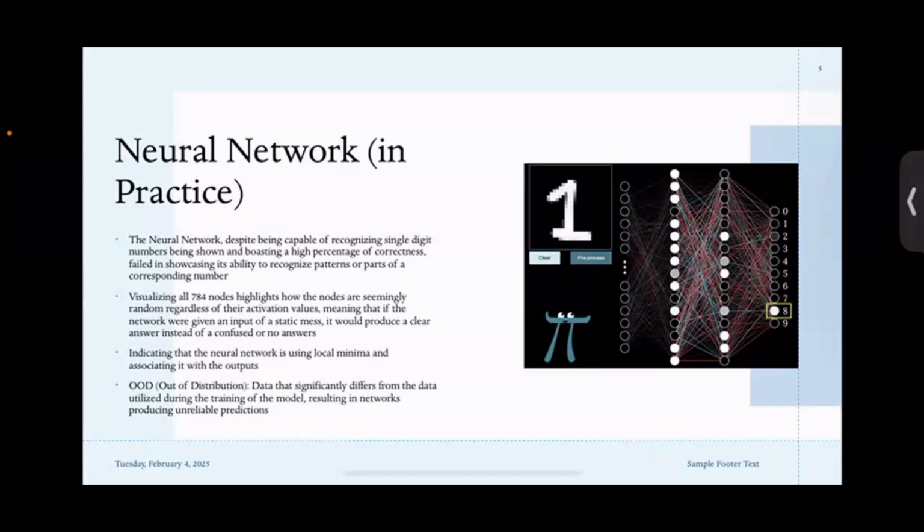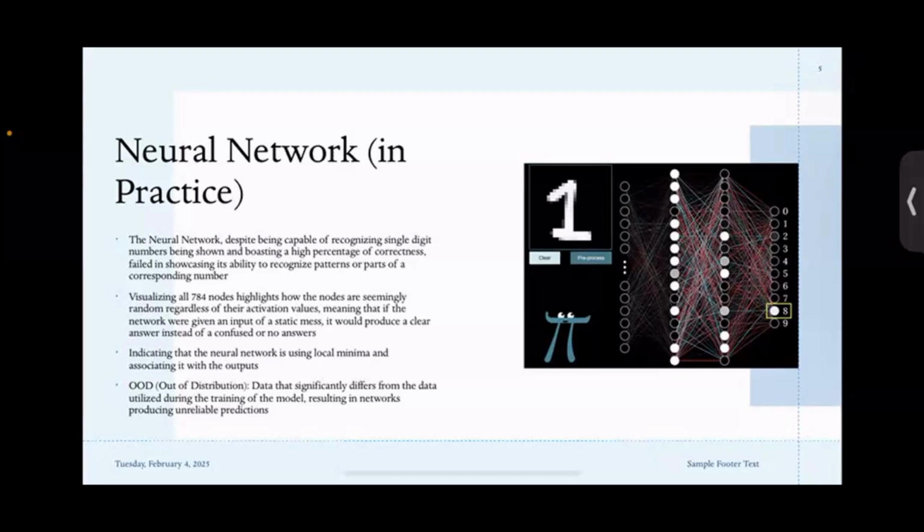I got this from the 3Blue1Brown website, where you can mess around with drawing the single digits, and then it'll give you the results. Now I drew a number 1, and to you and me, it's a number 1. But the neural network, because of those nodes and how it essentially correlated to specific outputs, is producing an 8, which is incorrect.